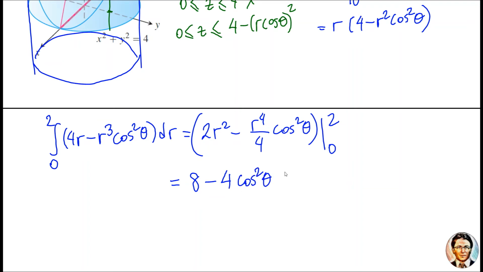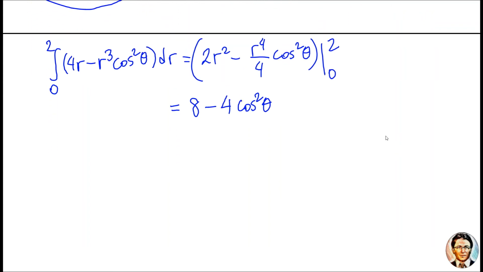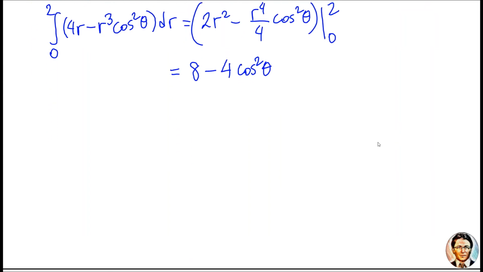Now we have to integrate this one with respect to theta. What were the bounds for theta? We don't have any bounds, so it was from 0 to 2 pi: 8 minus 4 cosine square theta d theta. The result of this last integral will be the volume of the region.